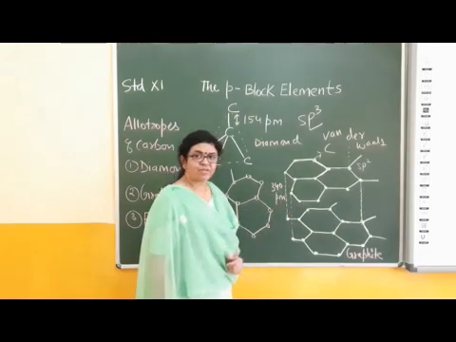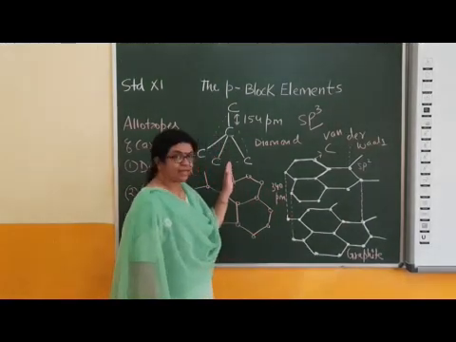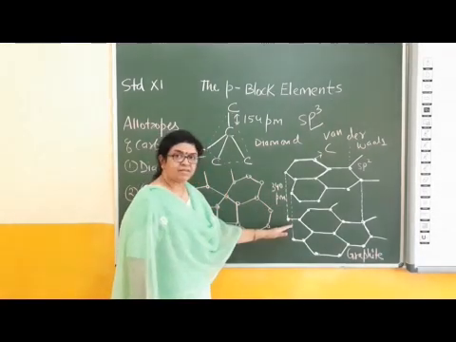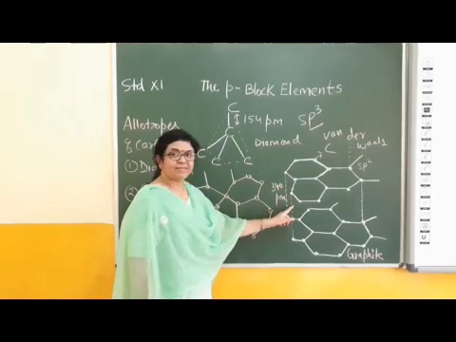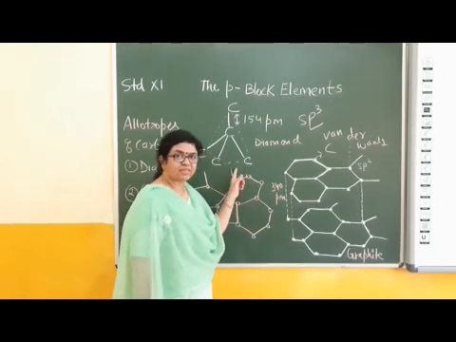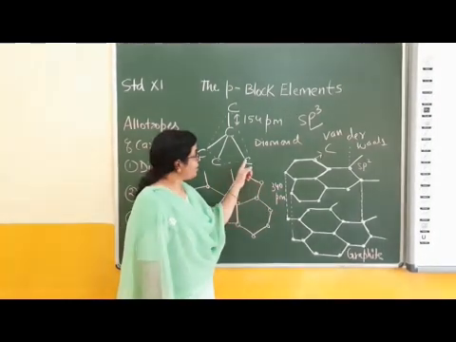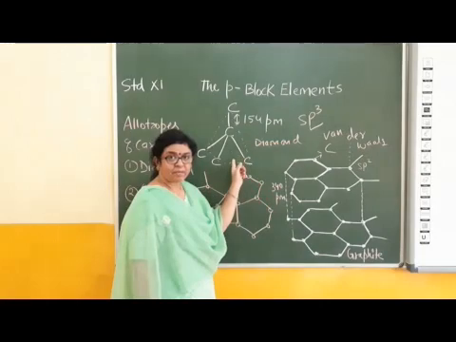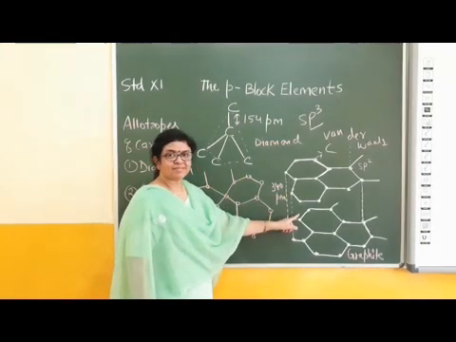One electron is free. Okay children, what is the difference between diamond and graphite structures? Tetrahedral in diamond, hexagonal in graphite. Compact or well packed in diamond, loosely packed in graphite. Carbon is sp3 hybridized in diamond, sp2 hybridized in graphite.